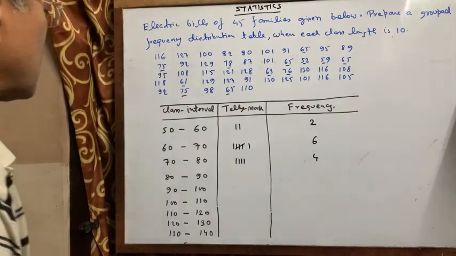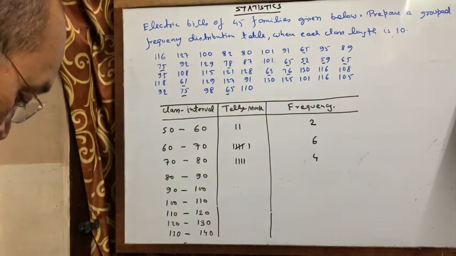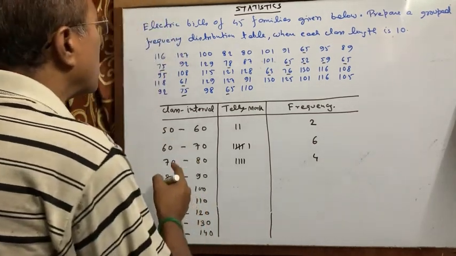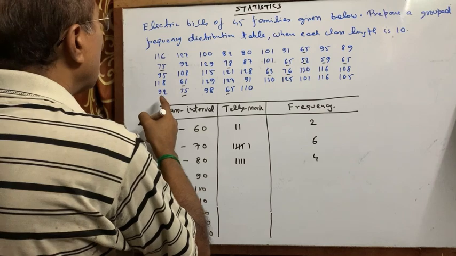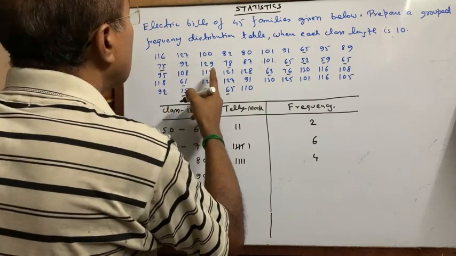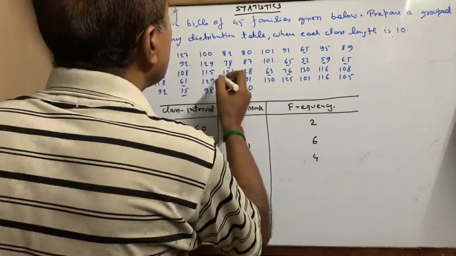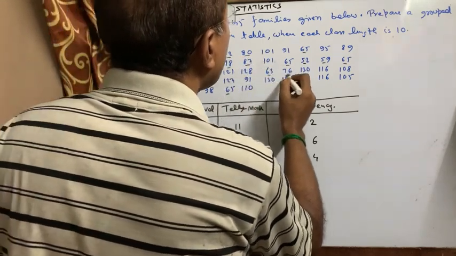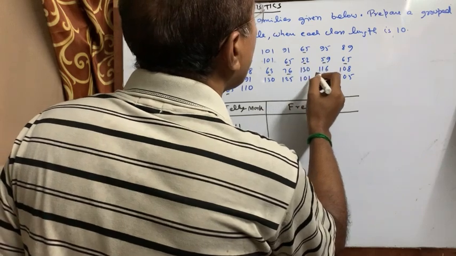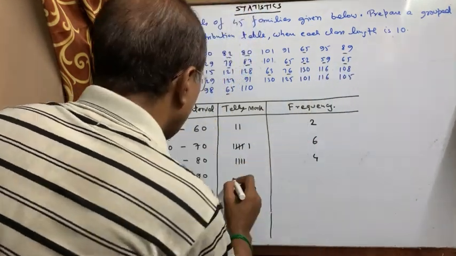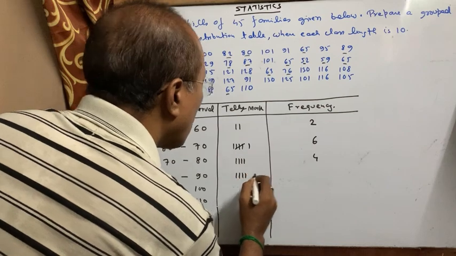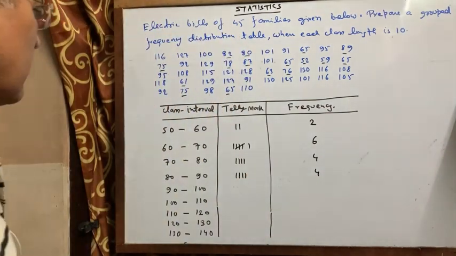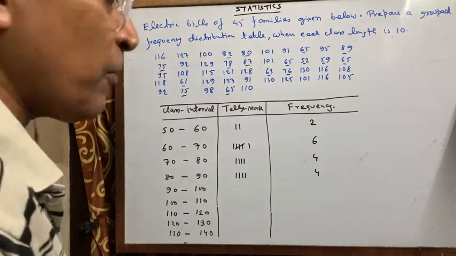Now 80 to 90 we have to search: 1, 2, 3, 4. Now from 90 to 100, let's see how many data are there.